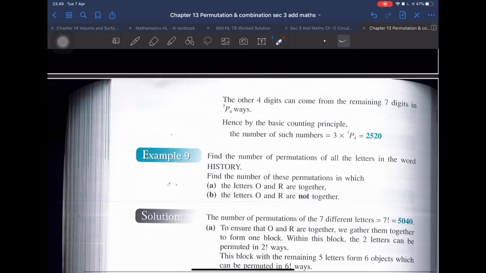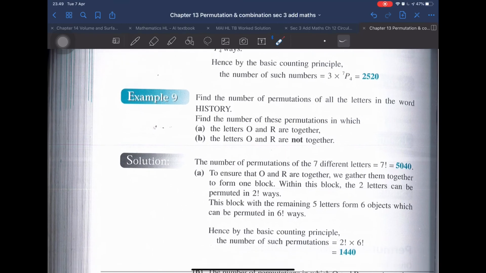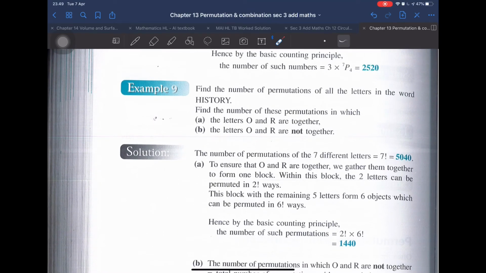Now, the next example is about permutation of all the letters in the word history. Now, if letter O and letter R are together, technically they are going to be counted as one element.